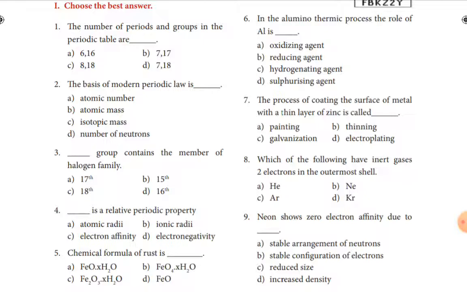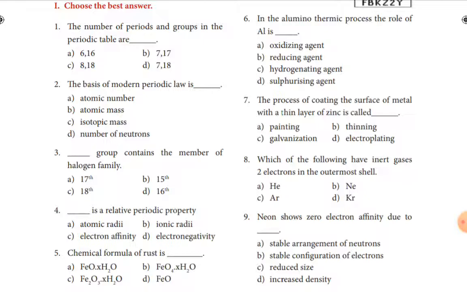It is the 17th group. 17th group contains the halogen family. So already you have learned the elements are grouped from top to bottom, and these elements also classified based on the families.